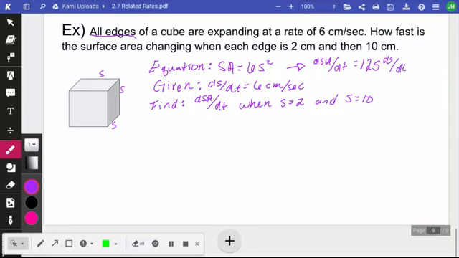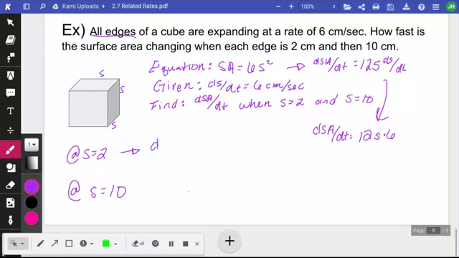Okay, and then we can plug in the information that we have. We know that ds over dt is equal to 6, so I'm going to have dSA over dt is equal to 12s times 6. Now we need to do it at s equals 2 and at s equals 10, so I'm going to plug it in twice.